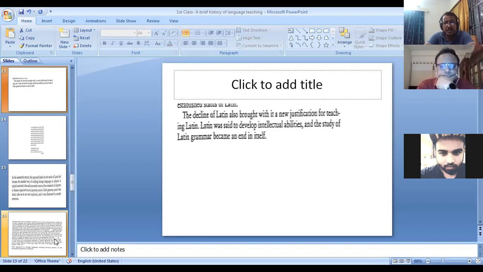Let me give some examples: the electric bulb, the steam engine, the train, and the exploration of telegram, radio, broadcasting, media, and film. All of these subjects initially started in the UK.